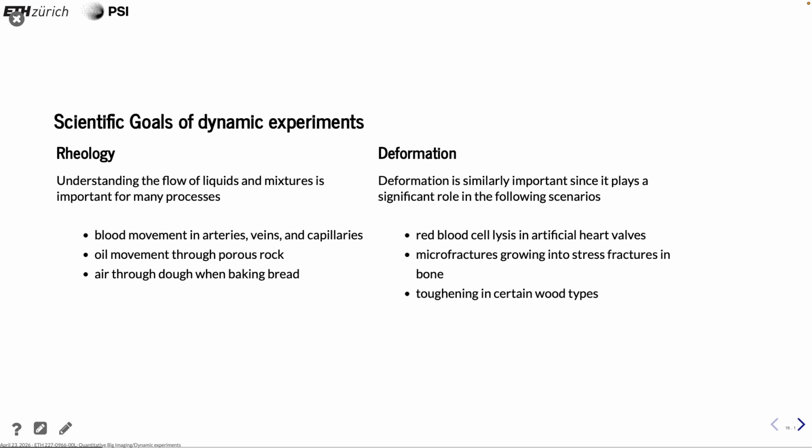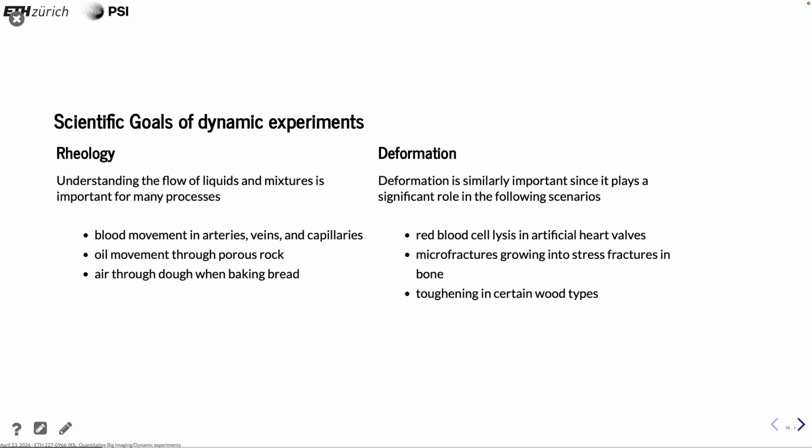So the scientific goals of dynamic experiments, these are just two examples, but rheology, looking at how different liquids are mixing, or if there are items in the liquids, seeing how they're moving around. It could be blood movement in the vessels, oil through a rock, and, well, air going through dough when it's baked could also be a thing.